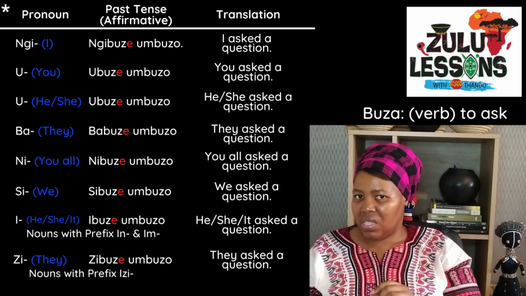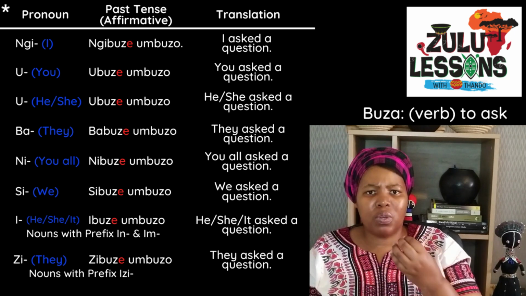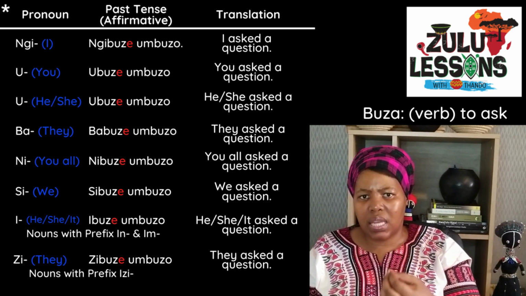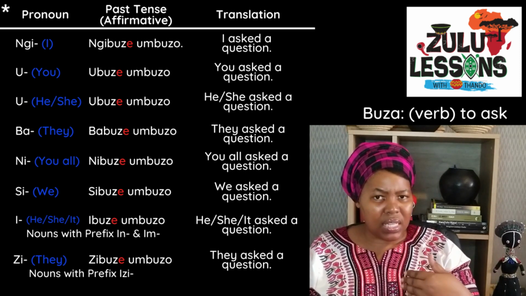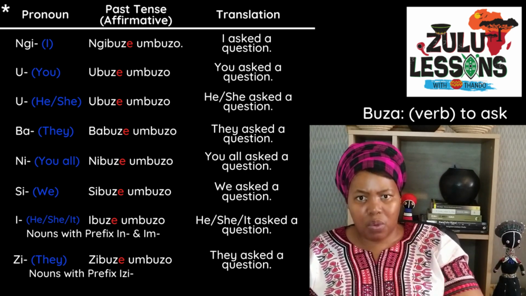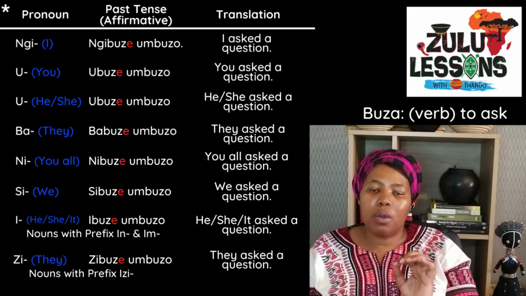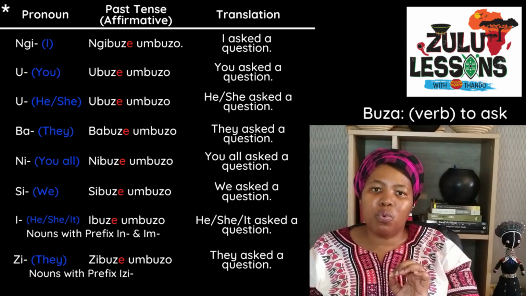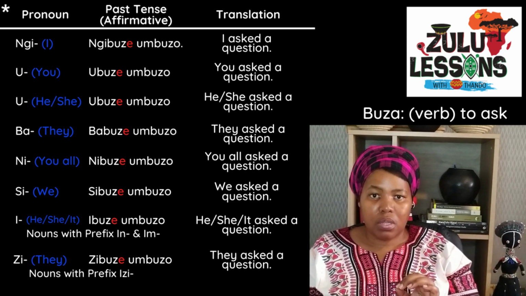Be very careful with that tone, my friend, how you enunciate. When you say nibuze umbuzo, that is an instruction. You must ask a question. You see? So, sibuze umbuzo. We asked a question.